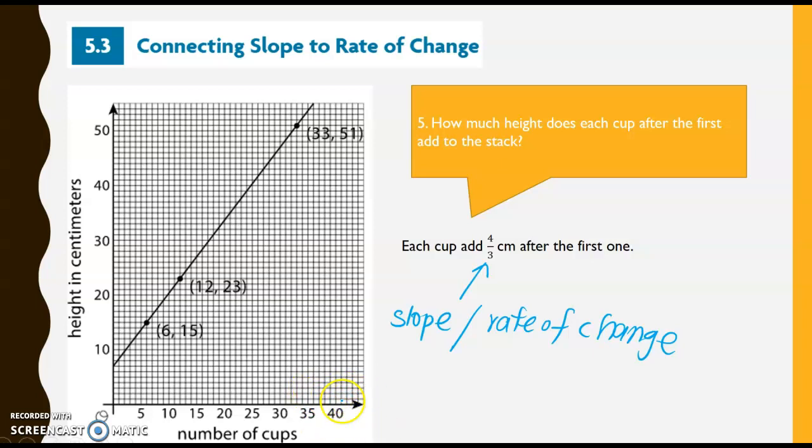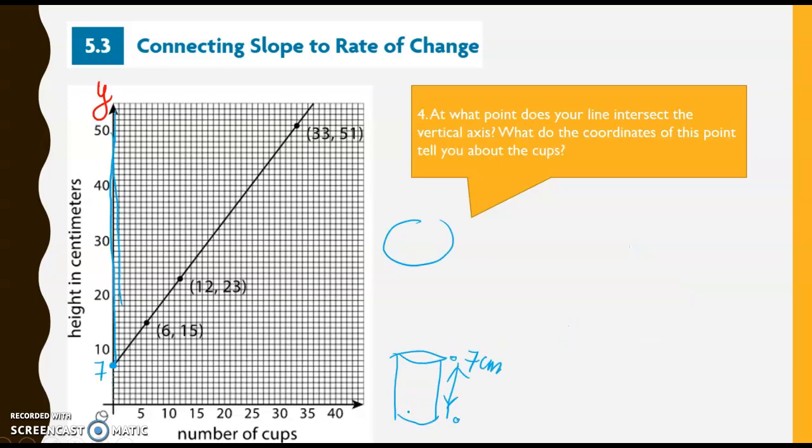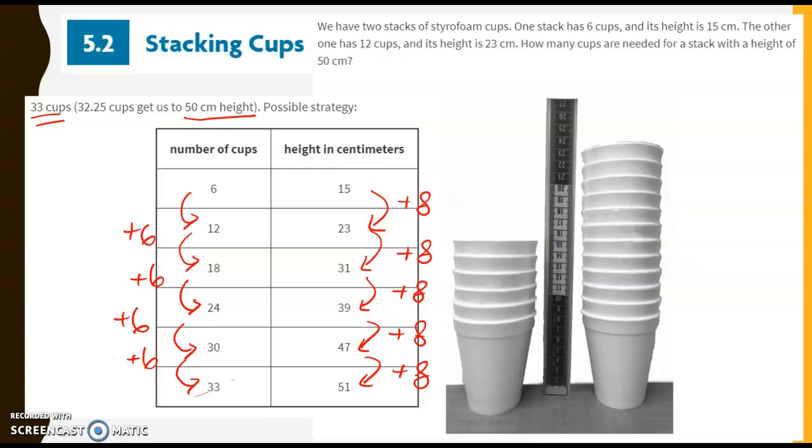4/3 is about 1.33. If it's better to know the decimal, let me go back to the pictures and we can look at it. Each time, this rim right here will be 1.3333 centimeters. Put another cup, this rim right here, 1.3333.